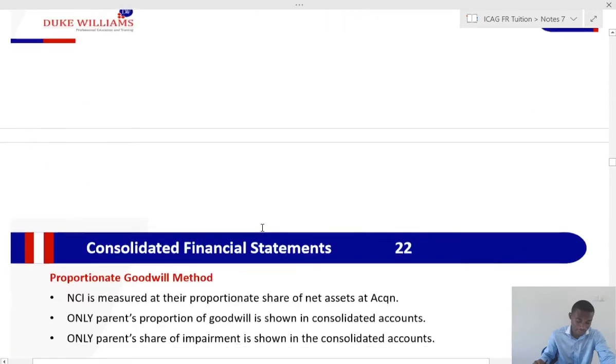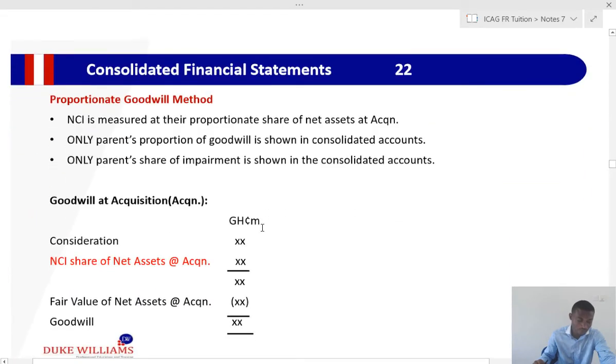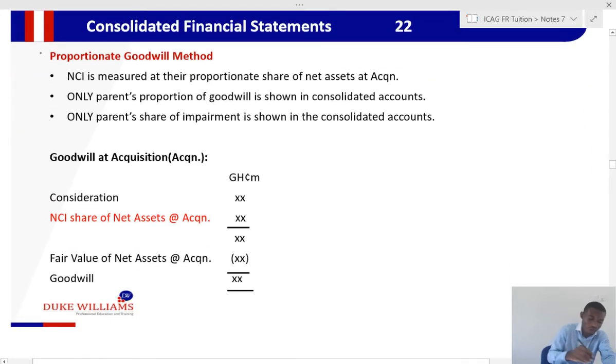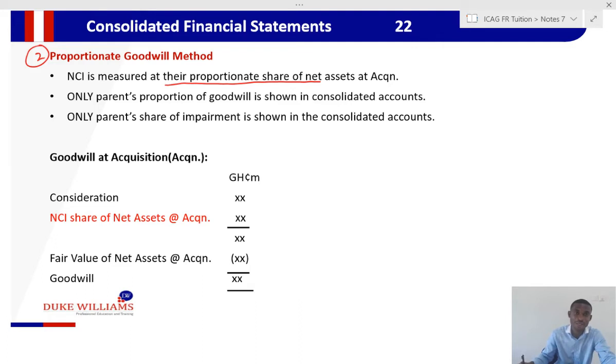Then we have proportionate or the partial goodwill method. Here, the NCI is measured at their proportionate value of the net asset at acquisition. And if we use the proportionate method, it means that the goodwill we will calculate is only for the parent.